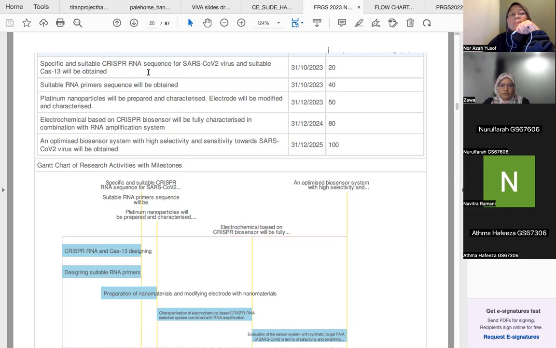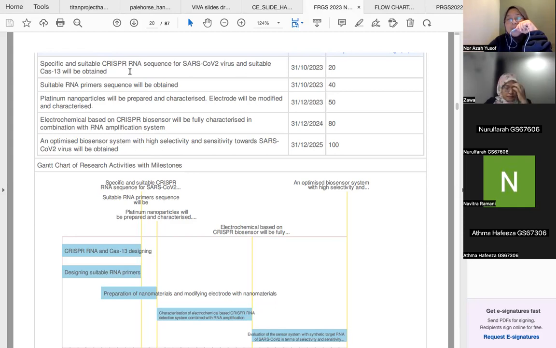Say you are doing your second progress, and your second milestone is for RNA design. You just have to present RNA. You don't have to worry about the rest. You don't even have to present the first milestone because you have presented it before, unless you haven't, then you can combine both milestones in one presentation. So this guides you on what to present during your progress presentation.